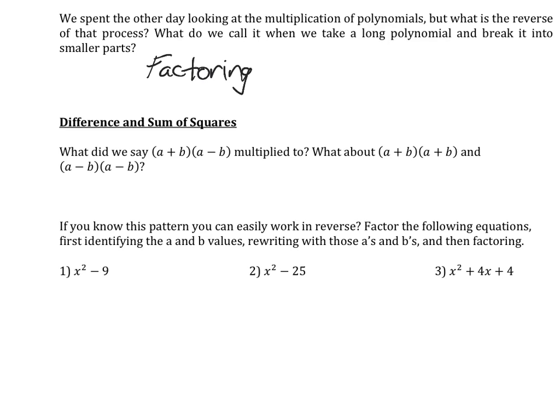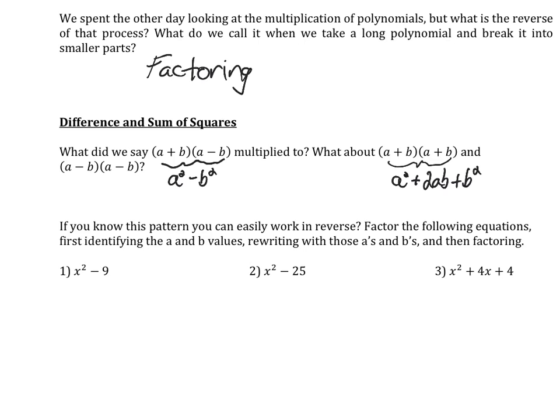So I want to just remind ourselves, what did we say that a plus b times a minus b was? Well, it was a squared minus b squared. What was a plus b times a plus b? That was a squared plus 2ab plus b squared.